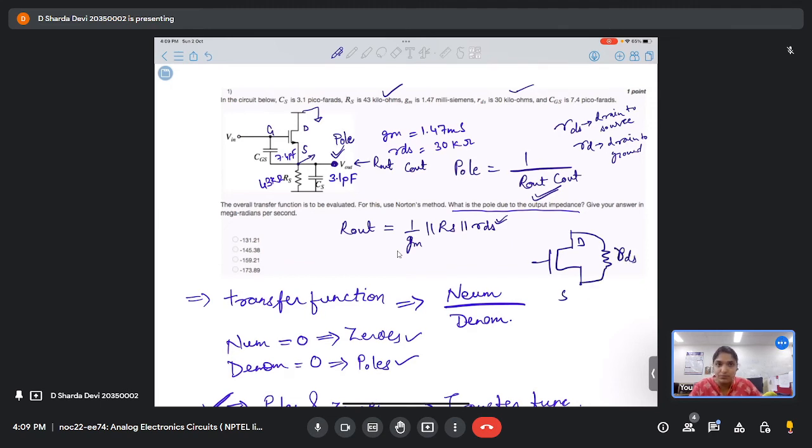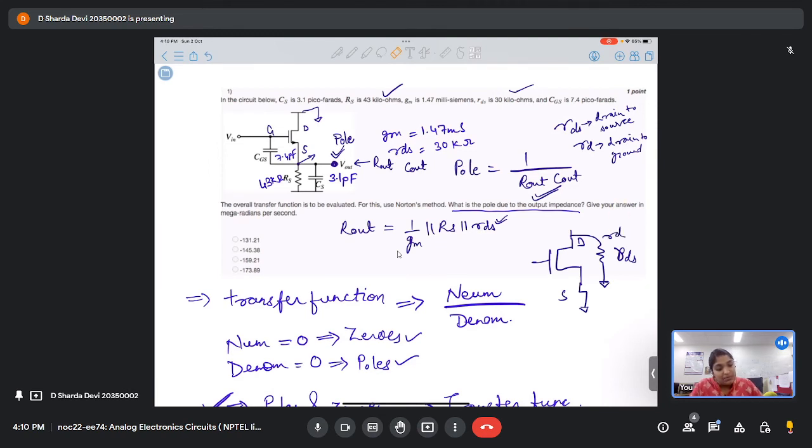If your source is grounded, your RDS converts to RD, from drain to ground.